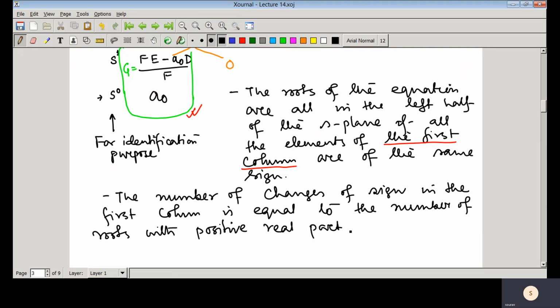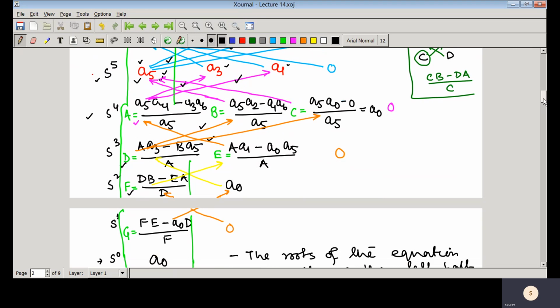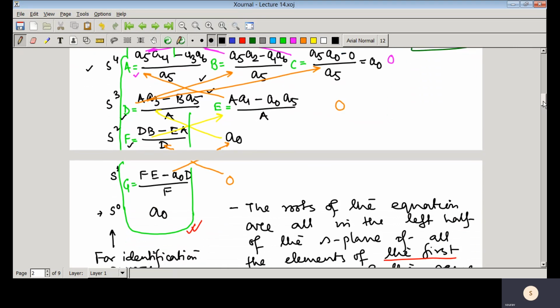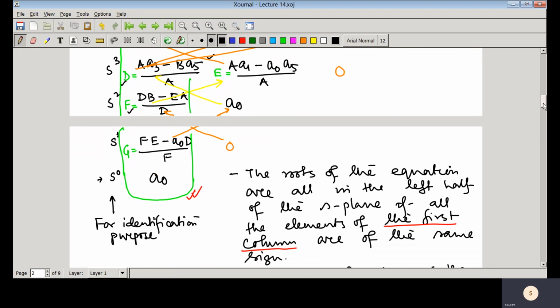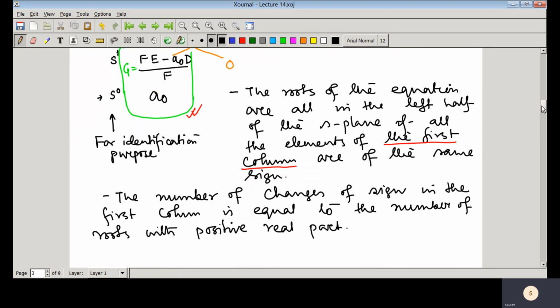That means after forming this Routh table, we first look into the first column, and if we find that, suppose, n sign changes are there, that means n roots are in the right half of the S-plane.